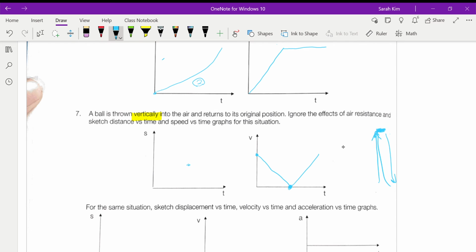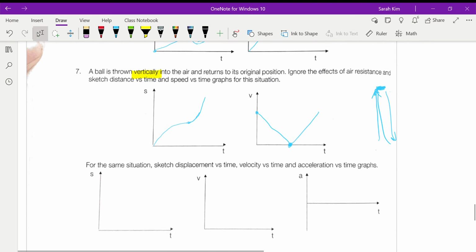So it's actually going to be a bit of a curvy line. It covers distance, it's going to be instantaneously a 0 slope, and then it keeps going, something like that.